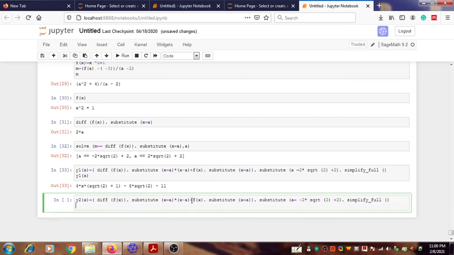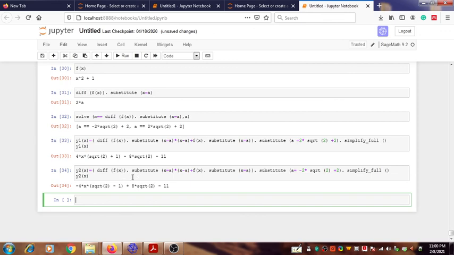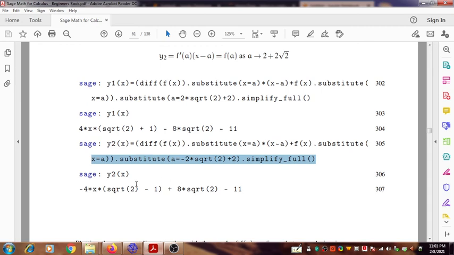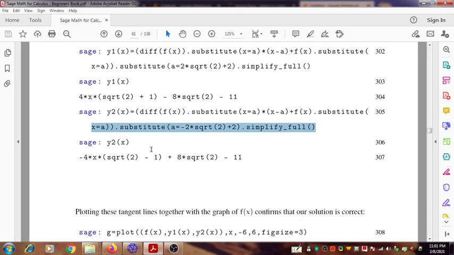Then what next? You have to type that function name to get that y2x. Okay, you can take that output. And that stage also we have completed without error. Thus we have got the output up to this stage.